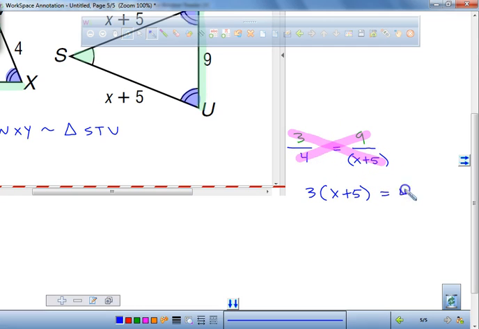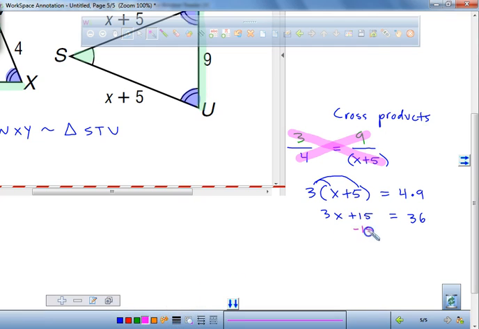Instead of writing 36, I'm going to write 4 times 9. So what am I writing right now? I'm writing the cross products. Now, 4 times 9 is 36. Distribute 3. 3 times x is 3x, 3 times 5 is 15.